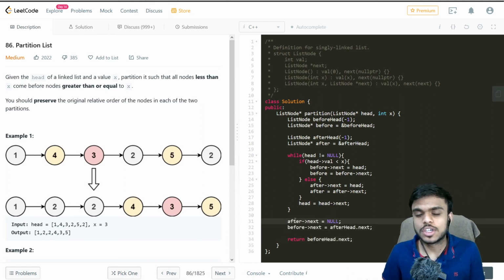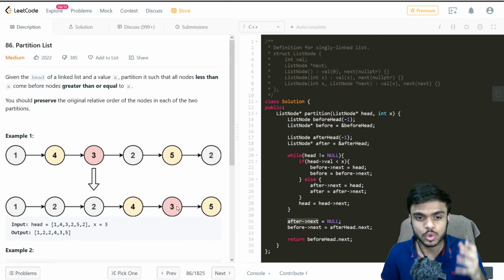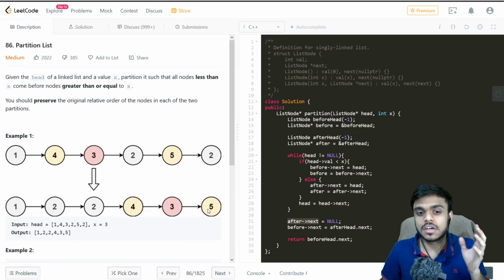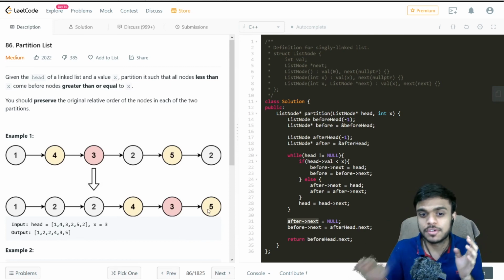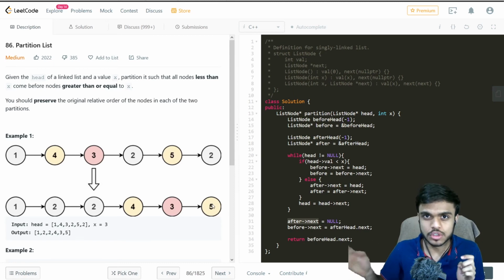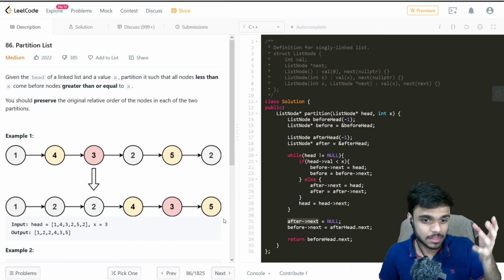What we have basically done here is after dot next, which would be the second list that we have, 4, 3 and 5. After completing the iteration, we need to point the last element to null, so that we do not go ahead and take any other node that is not part of the list.